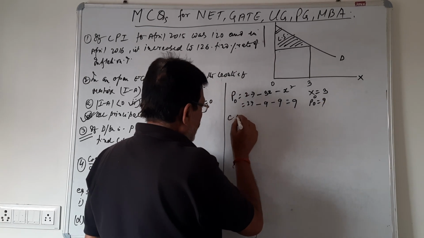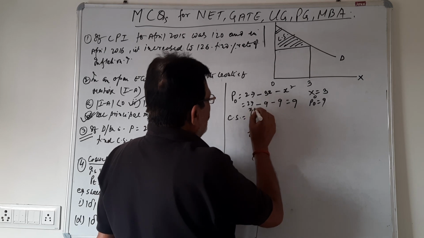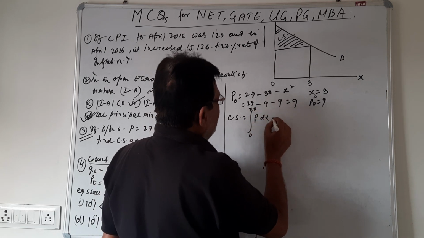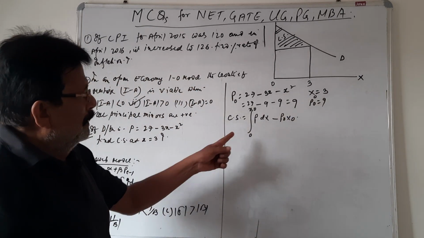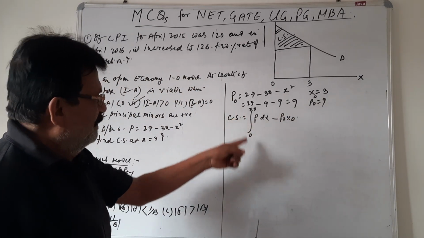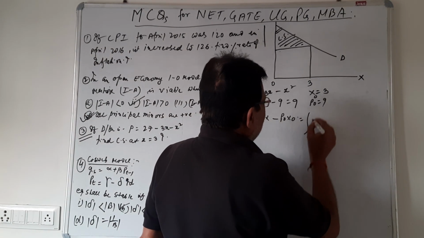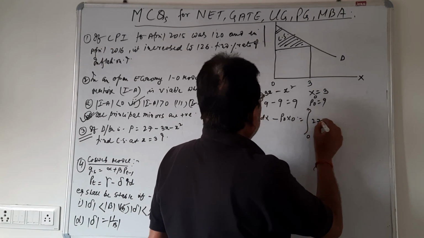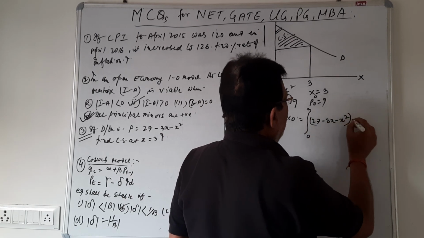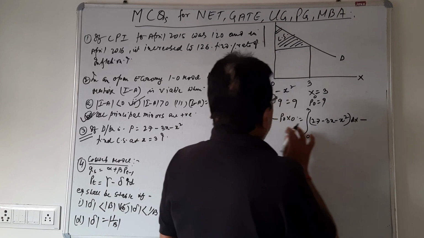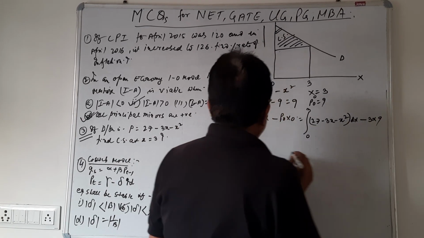Now this is the formula. Consumer surplus is defined as the integral from 0 to x0 of P dx, minus P0 x0. So a little bit of this definite integral would be used, and here from 0 to 3, 27 minus 3x minus x square dx, minus P0 into x0, so this is 3 into 9.